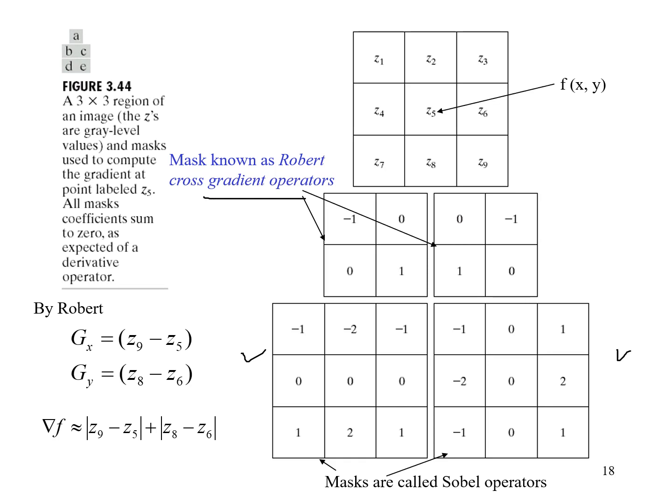So if I want to find out the value over here, the formula is given: gx is equal to z9 minus z5, and gy equal to z8 minus z6. And this is the gradient which is given.